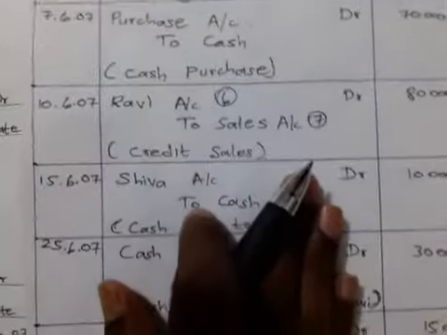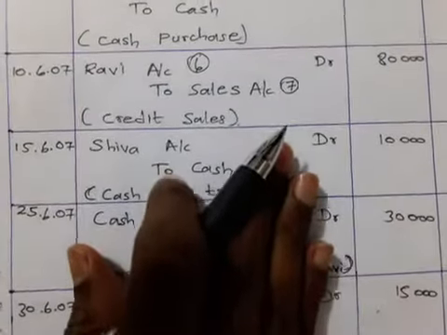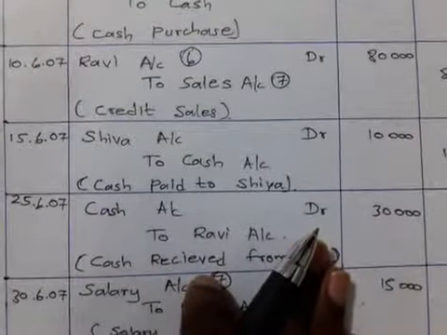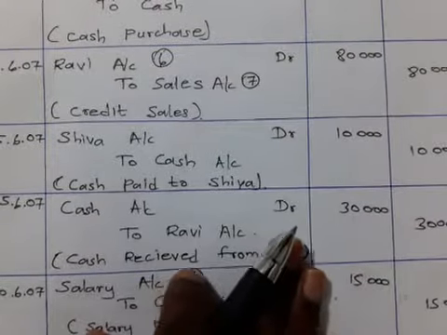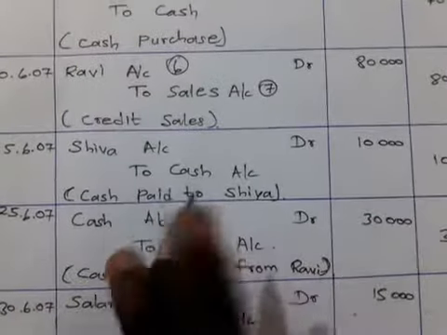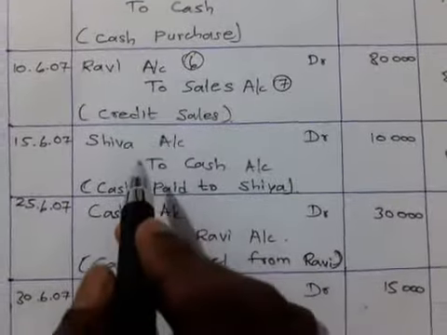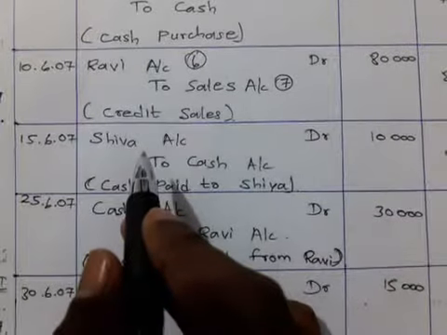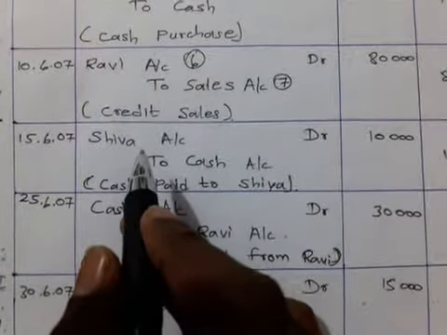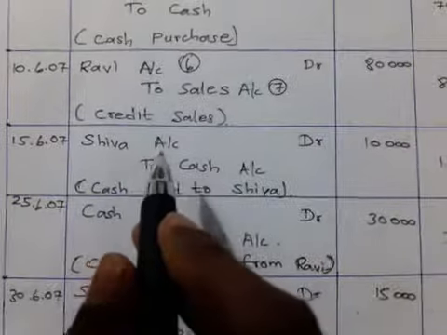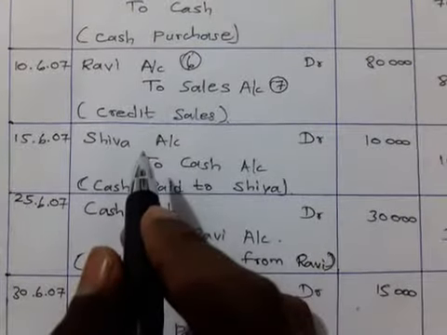So in this entry the firm has paid 10,000 to Shiva, so we have to record this entry. Through this entry it reduced the Shiva account. Shiva is a liability type of account because he is a creditor to the firm. So whenever liability types of accounts decrease, we have to record in the debit side of the ledger account.